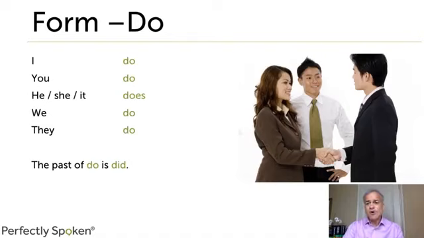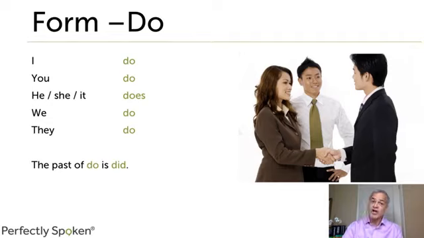Do is even more complicated because it is a verb and an auxiliary verb, separate. So, as a verb, I do, you do, he does, she does, it does, we do, they do. And in the past, do is did.